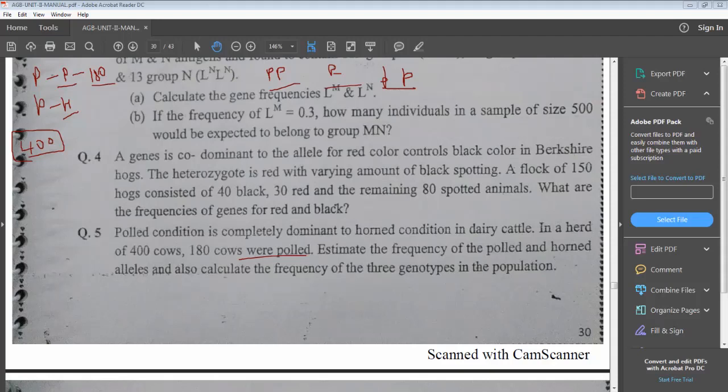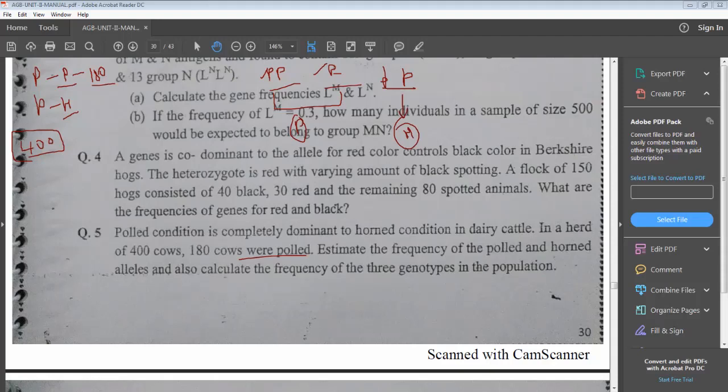As it is completely dominant, the first two will show similar phenotypes, and they'll make the poled group. Only the last group will have the horned character.